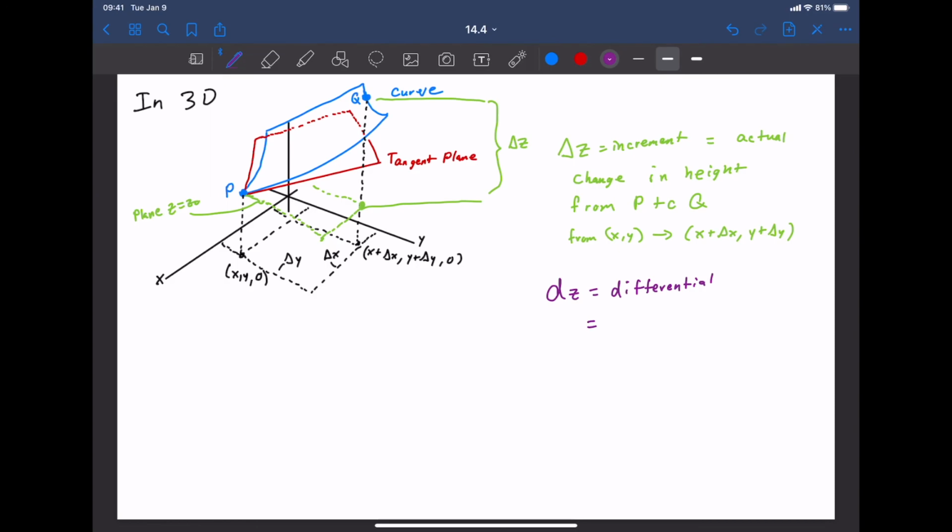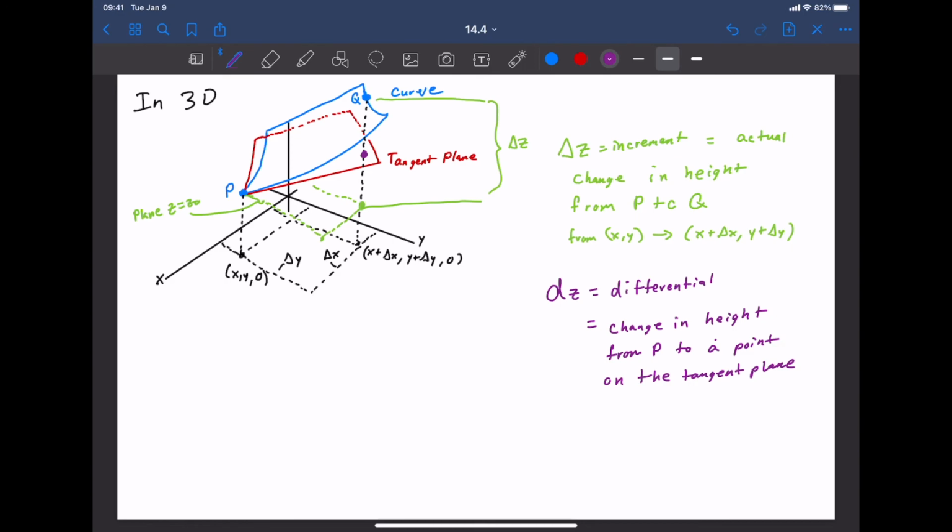This is the change in height from P to a point on the tangent plane above our coordinates.